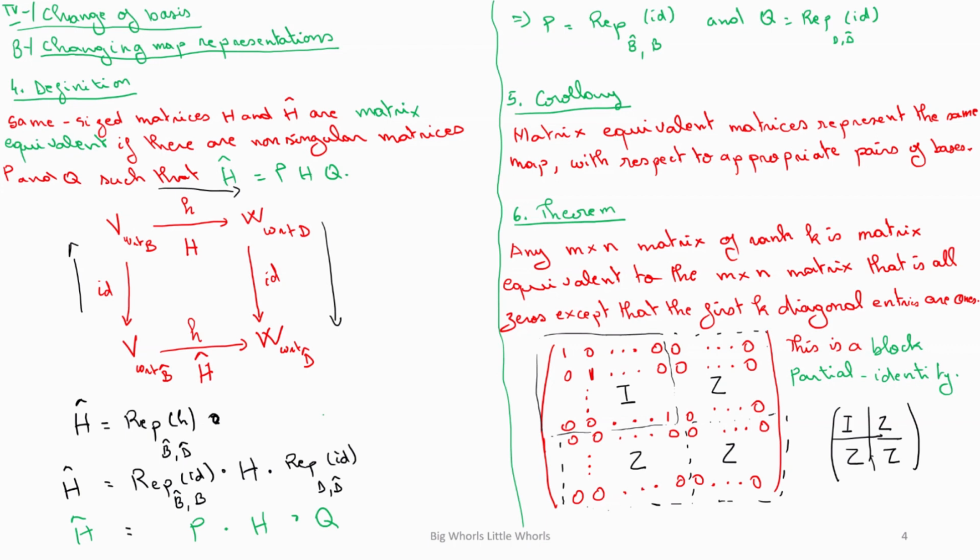I hope you get it. So basically, any m by n matrix is equivalent to a specific block partial identity matrix. The block partial identity matrix is known as the canonical form of matrix equivalence. Let me continue on the next page.